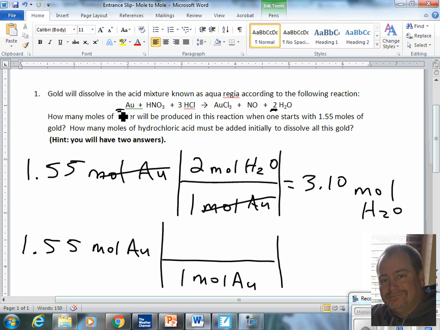I want to convert this into mole of hydrochloric acid. How many hydrochloric acids do I have? 3 mole. Do I get a cancellation? Yes, I do. So when I do my math, I'm going to come up with 4.65 mole hydrochloric acid.